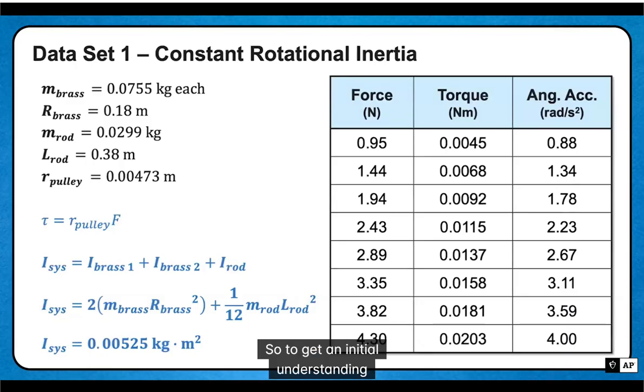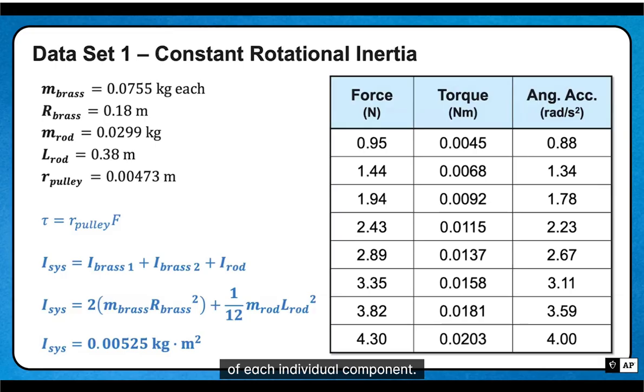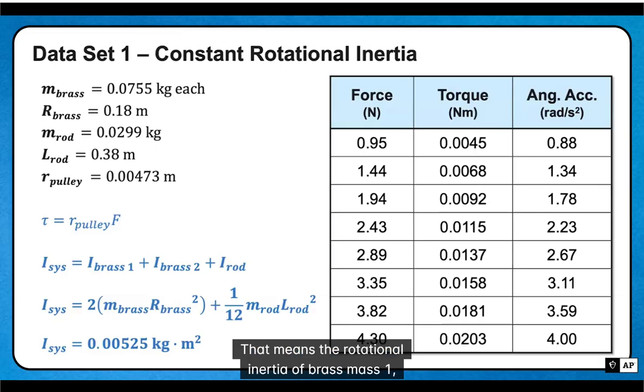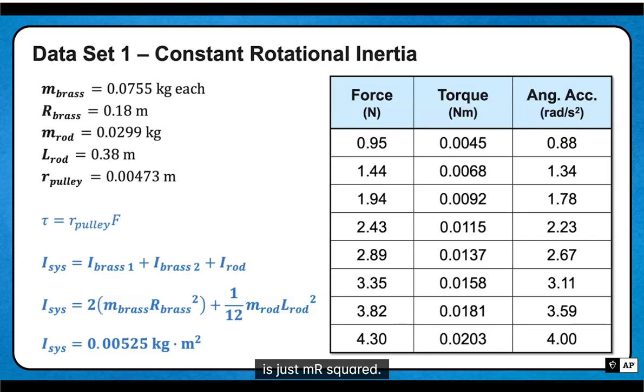So, to get an initial understanding of the rotational inertia of my system, I need to add the rotational inertia of each individual component. That means the rotational inertia of brass mass 1, of brass mass 2, and the rotational inertia of the rod. We can treat those brass masses as point masses, so the calculation for rotational inertia is just mr squared.